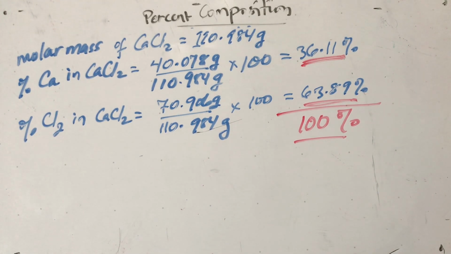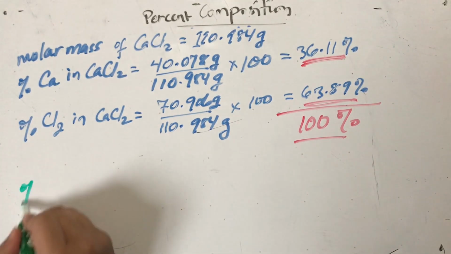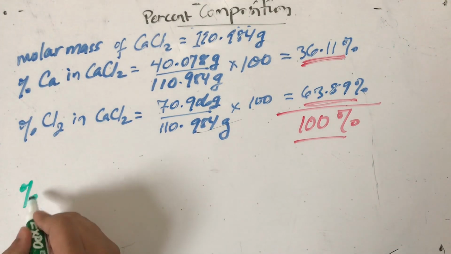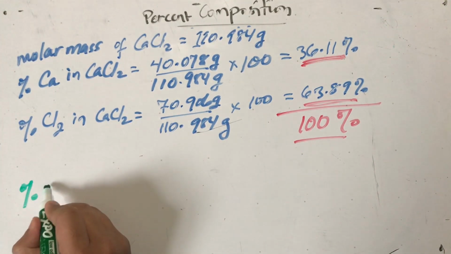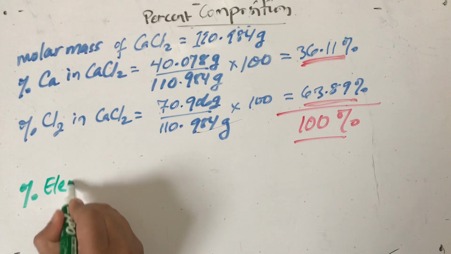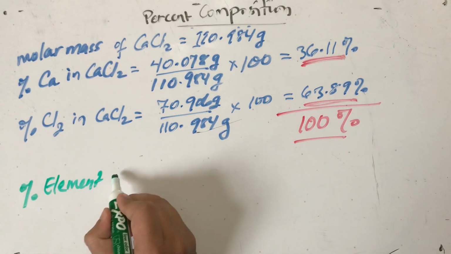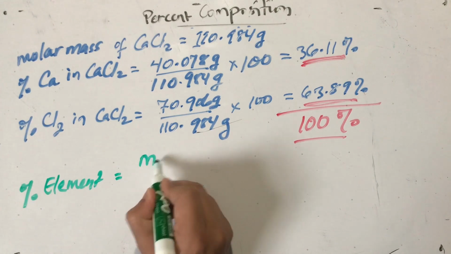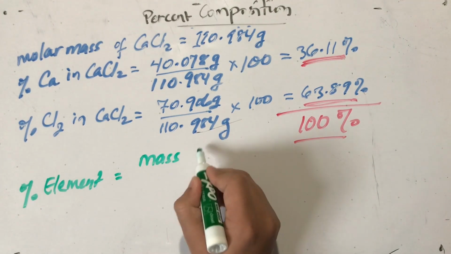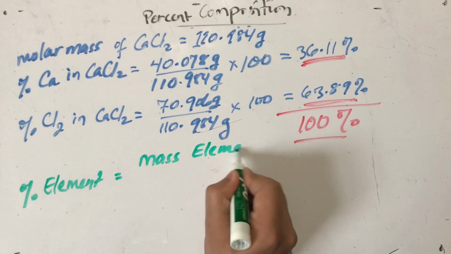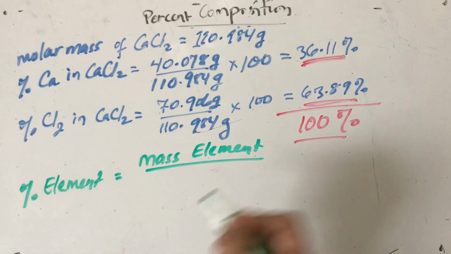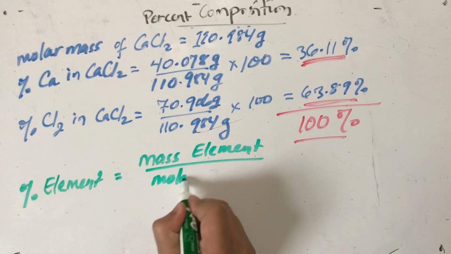To summarize this fairly easy math, I'm going to give you a formula which basically summarizes what I did. When you find the percent of an element, let's say element X, you find the mass of that element from the periodic table, and you divide by the molar mass of the compound.